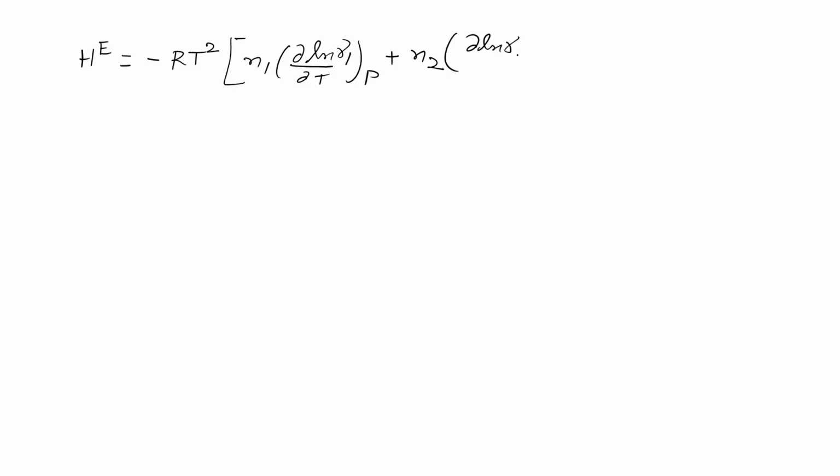Here we have seen that the excess enthalpy is equal to minus RT squared, then N1 ∂ln γ1/∂T at constant pressure plus N2 ∂ln γ2/∂T at constant pressure. This is the expression for excess enthalpy.